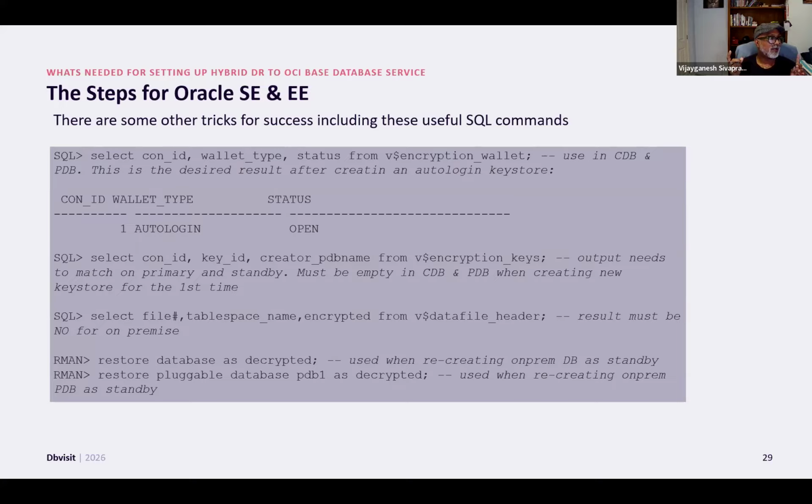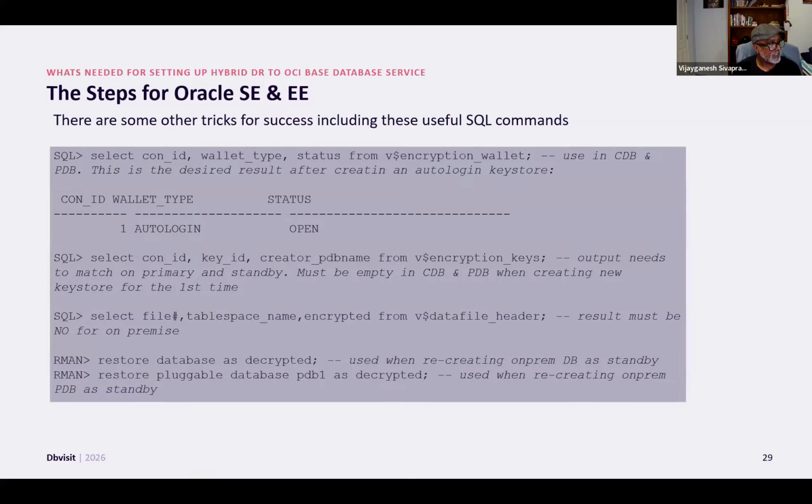To match your primary and standby database, the key ID, con ID, everything must be empty when creating a new key store for the first time, so no rows should be selected. And for the on-premise environment, the third query, that is select file hash, tablespace and encrypted, should show no, because your on-premise environment is not encrypted at all. None of them are encrypted.